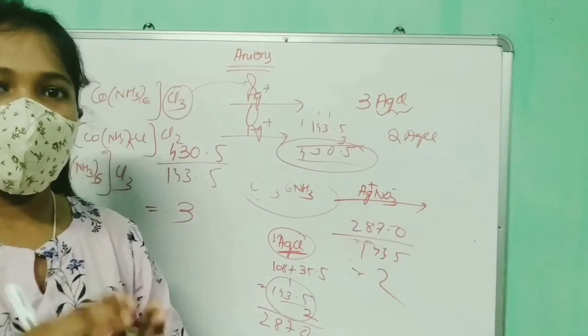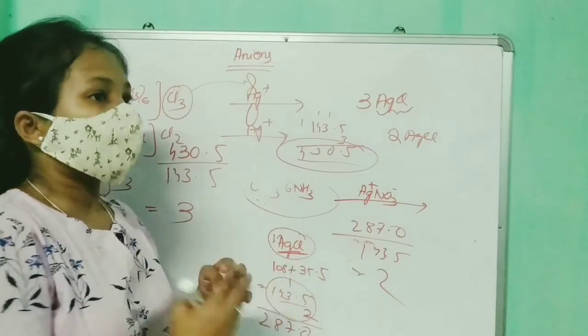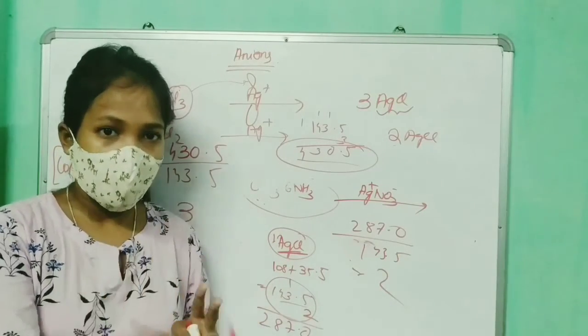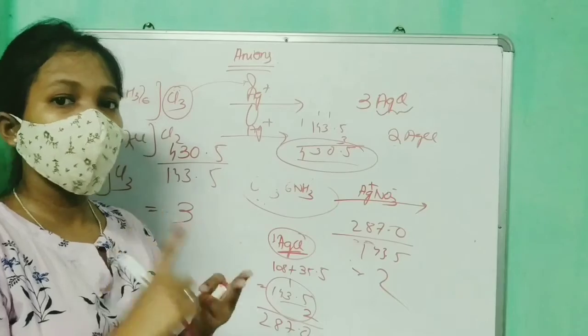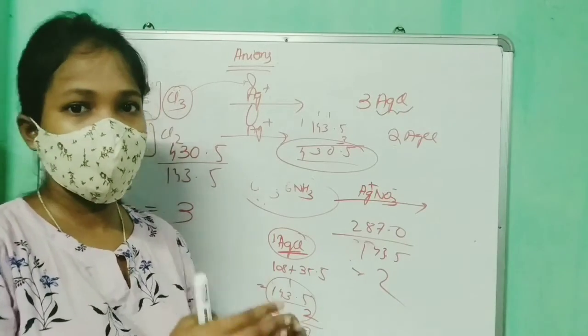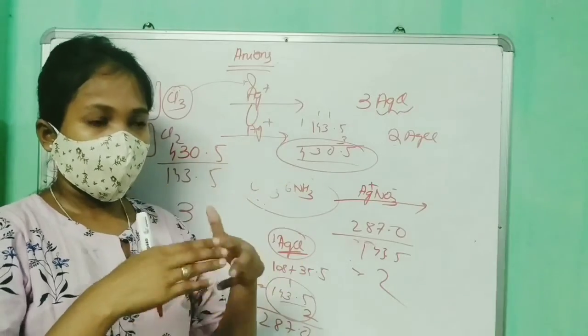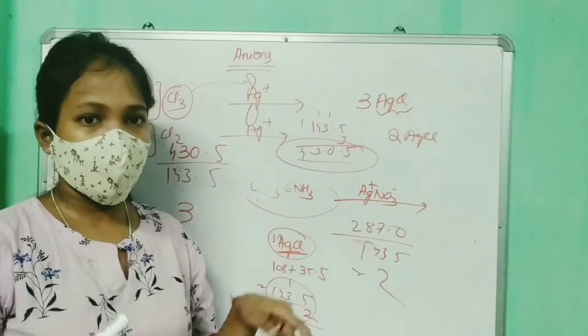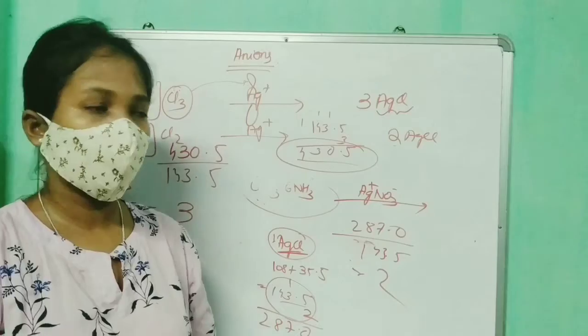So he found out that 2 chlorines will be present outside. That is, in the primary valency there will be 2 chlorines and 1 chlorine will be present in the secondary valency. Basically that will give the structure of the coordination compound, right?